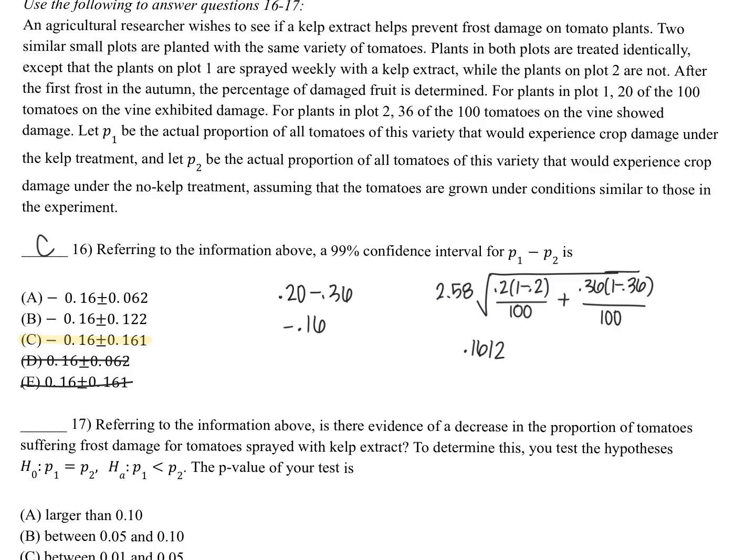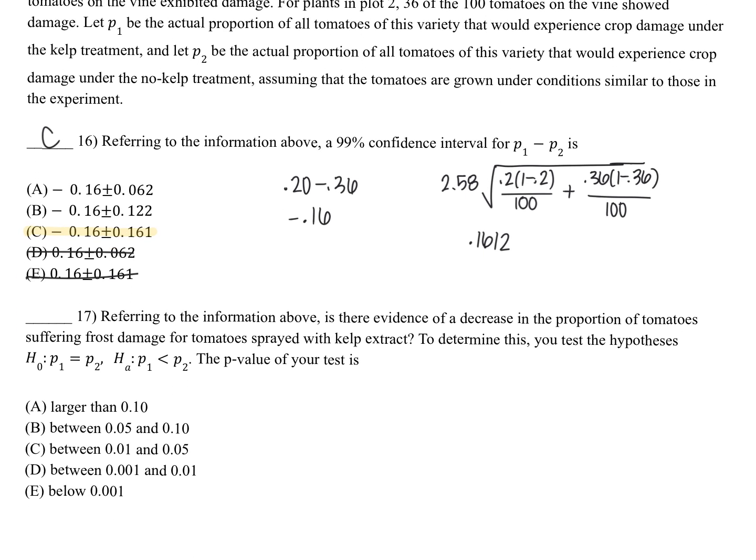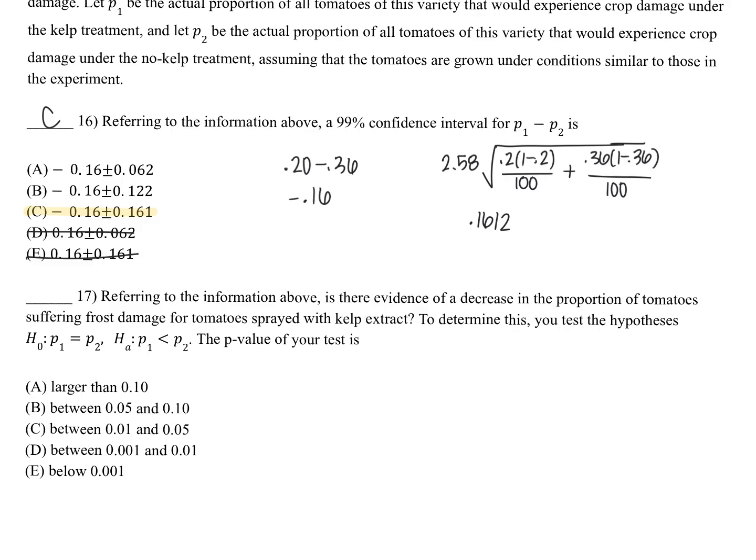Okay. So using the same information, we want to know, is there evidence of a decrease in the proportion of tomatoes suffering frost damage for tomatoes sprayed with kelp extract? To determine this, you test the hypotheses, P1 equals P2, and the alternative P1 is less than P2. So we want to know where the p-value falls.